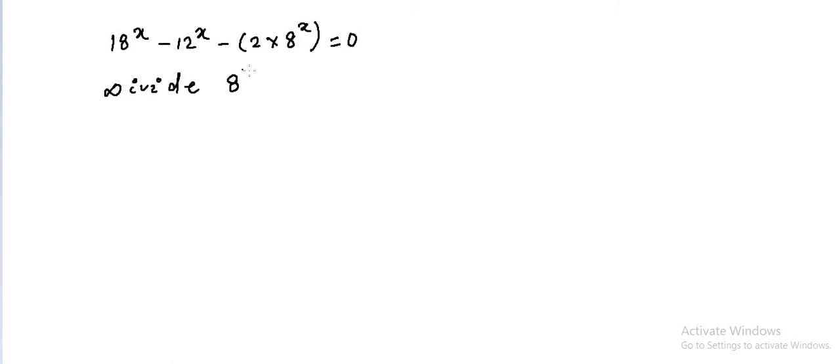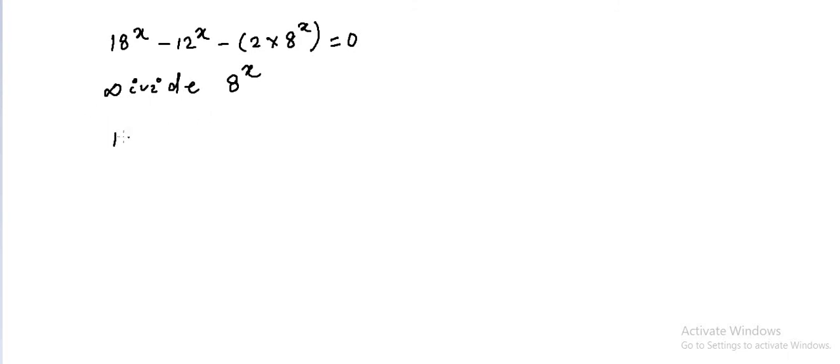So the equation provided is 18 to the power x minus 12 to the power x minus 2 into 8 to the power x is equal to 0. Now divide the whole equation by 8 to the power x. Why we are doing so, you will see in the next step.